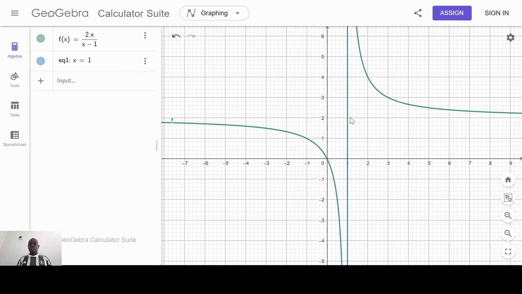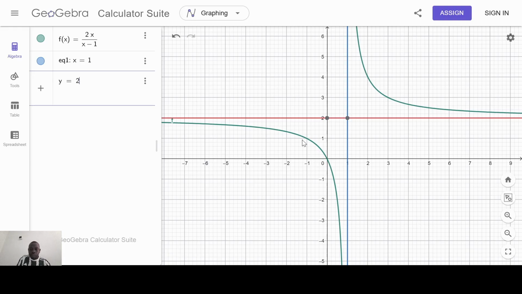That is the vertical asymptote. Let's also put the horizontal asymptote, which is y equal to 2. See, it's there.